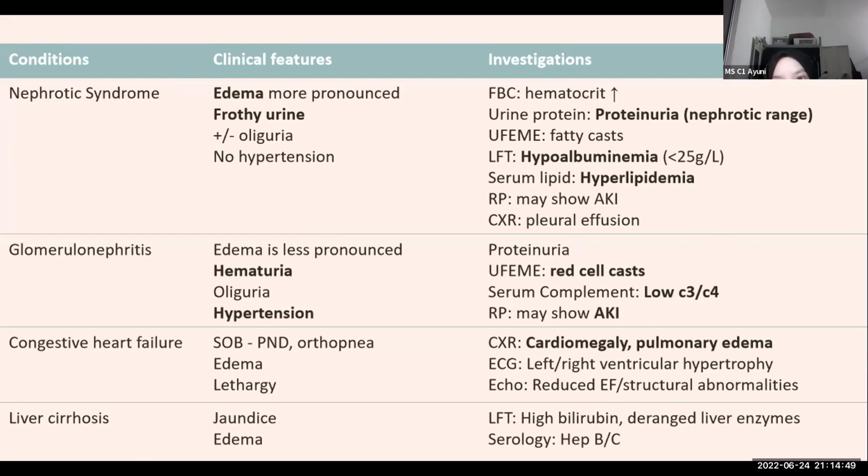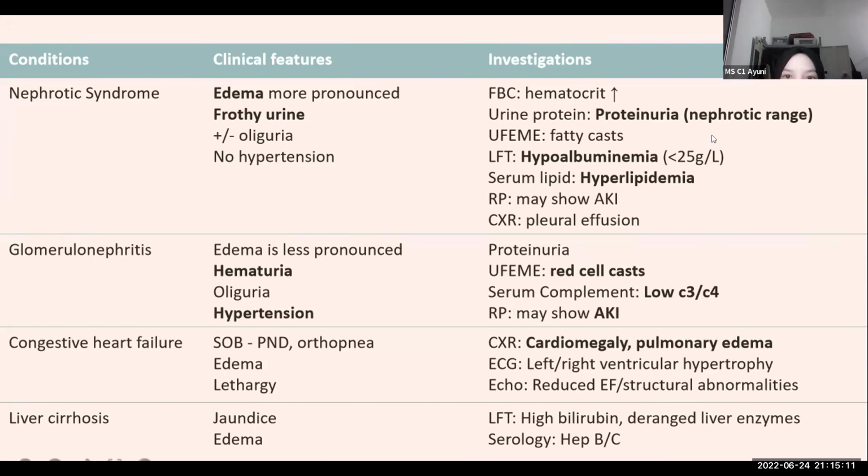The patient may also have proteinuria, but the difference between nephrotic syndrome and glomerulonephritis is that proteinuria in nephrotic syndrome is much more enhanced. It's in the nephrotic range, which is 3 to 3.5 gram per day in a 24-hour urine protein. In contrast, for glomerulonephritis, it's around 0.5 gram per day, much less.